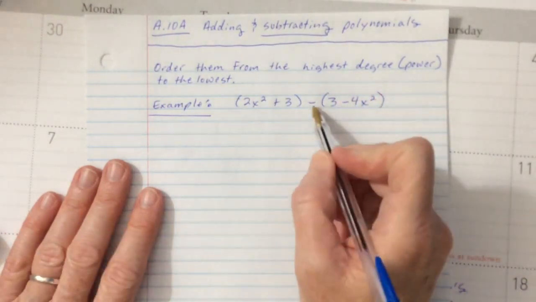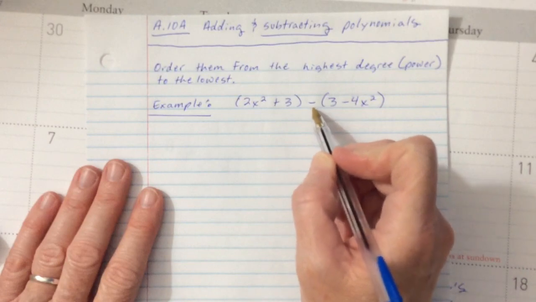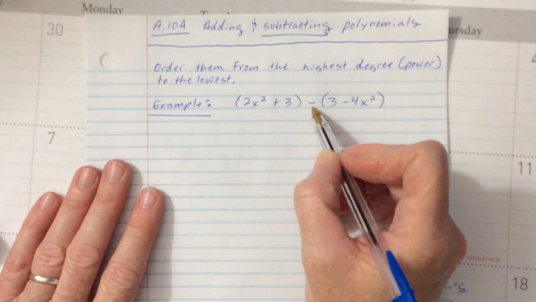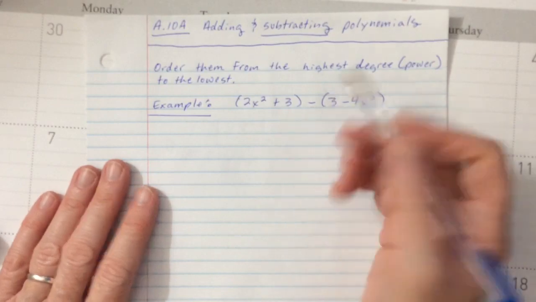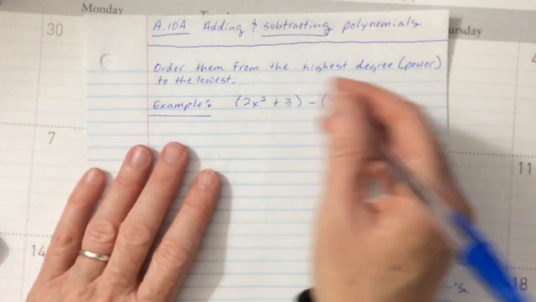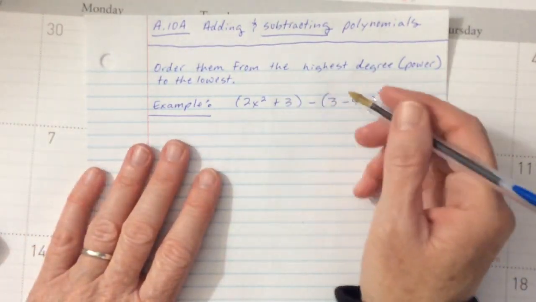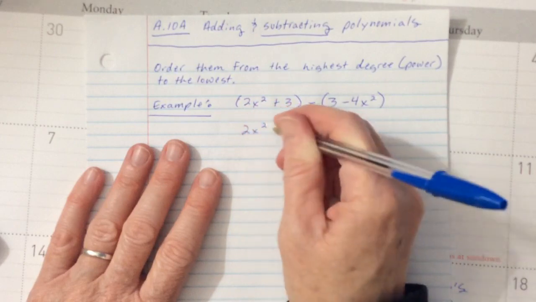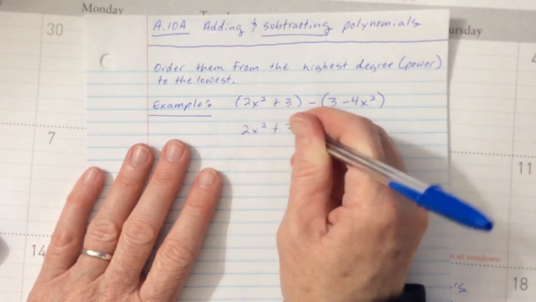You need to rewrite this because you need to get rid of this subtraction. We're going to get rid of the subtraction and in a sense turn it into an addition problem basically. So you're going to rewrite this 2x to the power of 2 plus 3.